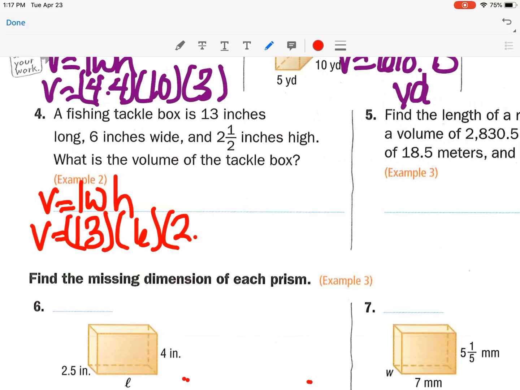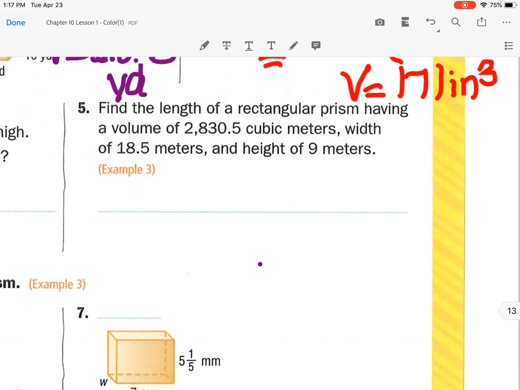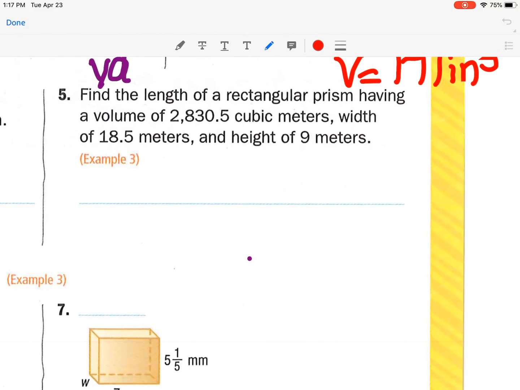Make it easy on ourselves. When we multiply all those together, we get V equals 195, and let's label it inches cubed.